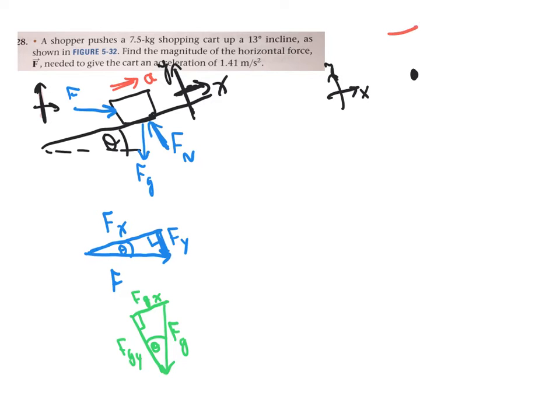So it is parallel to our chosen x direction. And then we have, for instance, we've broken F into these two components, so I'm going to replace F with those two components. So there'll be Fx pointing up the incline, and then Fy pointing into the incline.